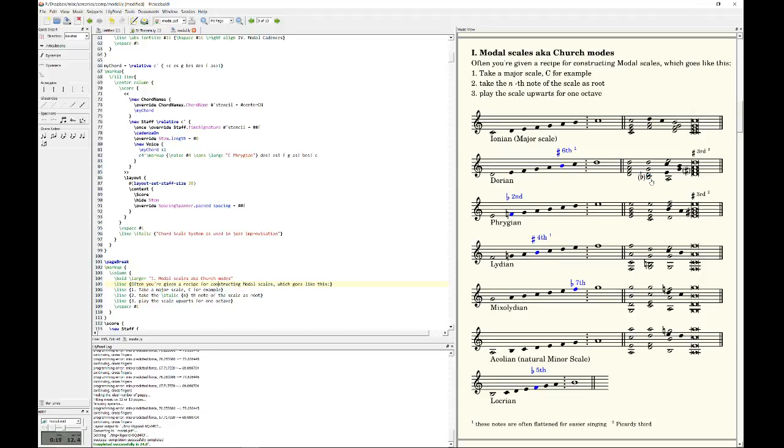And at the very end of a piece, often the 3rd would be altered into a major 3rd to get a more definite closing effect. Alright, next would be Phrygian. I'm just gonna play all the scales one by one.